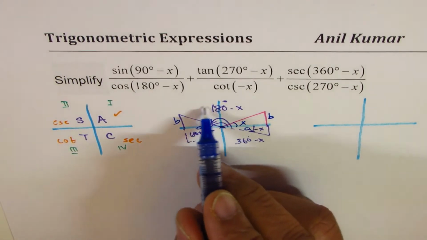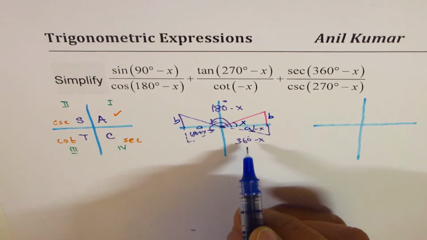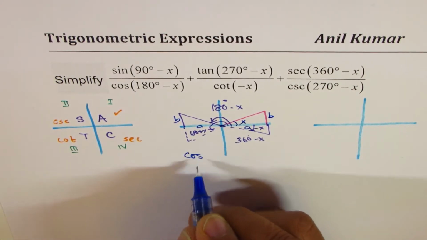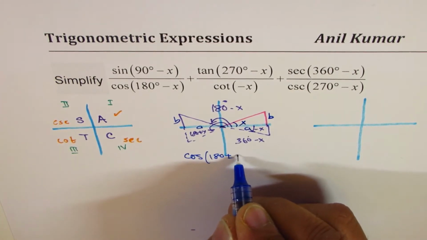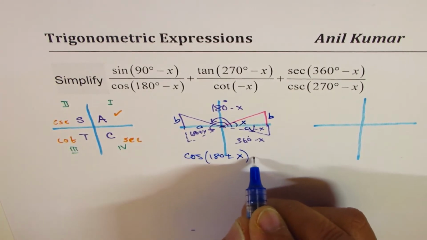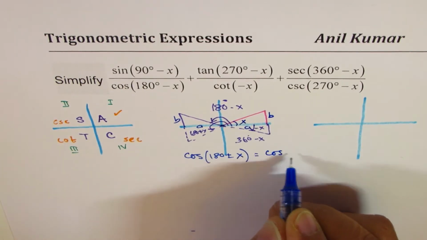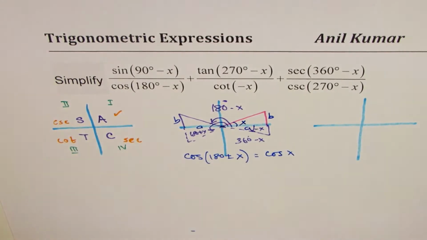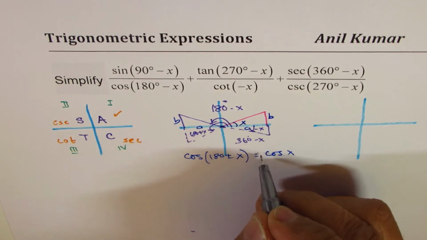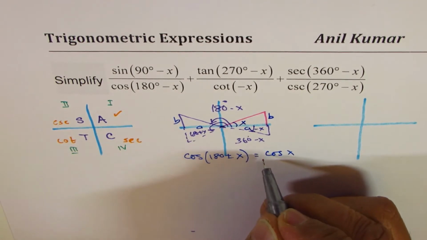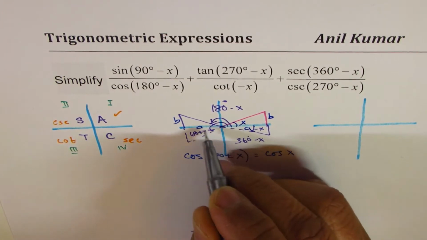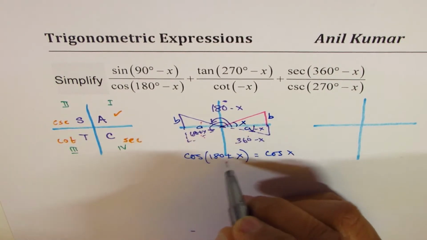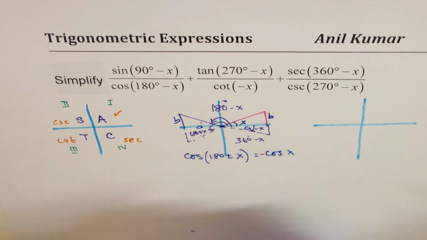So if you have this kind of a scenario, for example, if I have cos of 180 plus minus x, we are definitely going to get this as cos of x. It could have different sign. It could have plus minus, right? And now most of the time if we do with 180, in these two quadrants cos is negative, so it's going to be negative. Does it make sense to you?